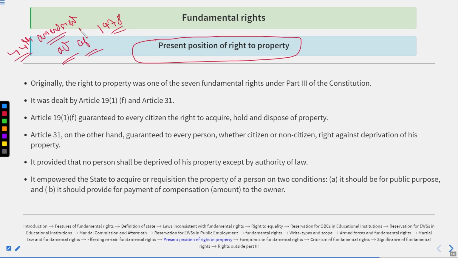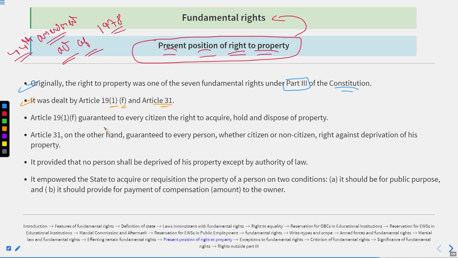This 44th Amendment Act was the reason why now we do not have the right to property in the list of fundamental rights. So originally, the right to property was one of the 7 fundamental rights covered under Part 3 of the Constitution. Okay, and later it was cleared from Article 19(1)(f) and Article 31.